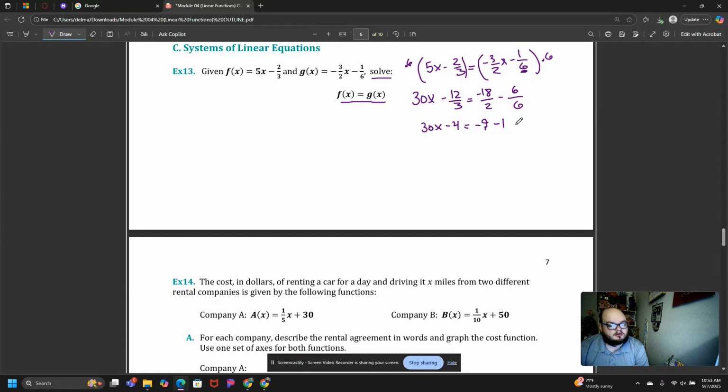And I did it so that I no longer had fractions. Okay, that's the whole purpose of multiplying that. So these can combine. Those will just make negative 10. And I can add that 4 over. So what's that make? Negative 6.